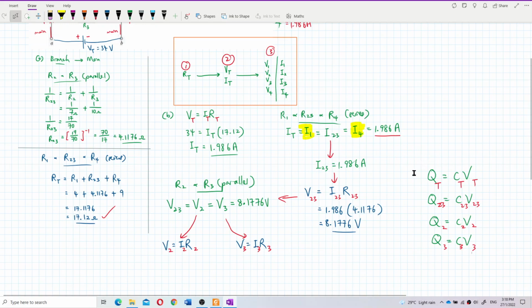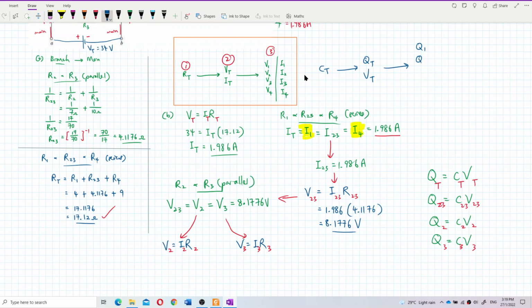But the working is the same. The working for capacitor also the same. We always find the total capacitance first, then we go to find the total charge and total voltage, and then finally only we find each individual charge and each individual voltage.